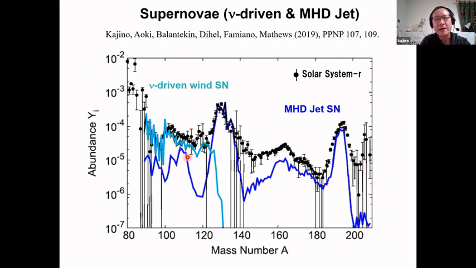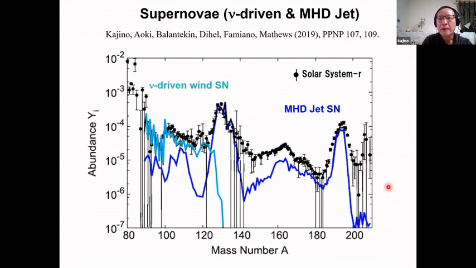Only the first peak or some light nuclear parts of the r-process are probably created by neutron-driven wind supernovae. But the MHD jet supernovae, although their event rate is rare, can contribute, and especially the peak elements are created very well, but not enough for the whole range of nuclear masses.